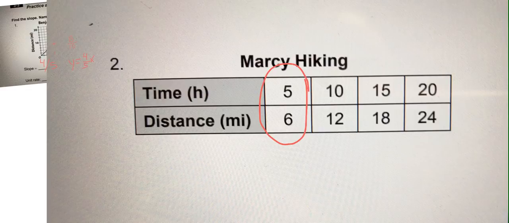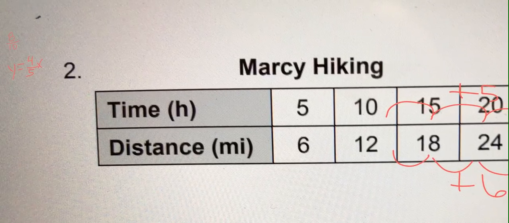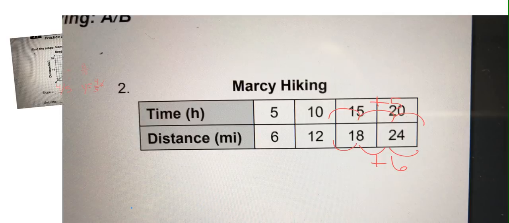So I can use division to find my rate of change, or I can see that the top is moving by 5s and the bottom is moving by 6s. Now that I've looked at Marcy's hike and I see that the distance changing is 6 every time and the time changing is 5 every time, it's important to stop and take a look back at Benjamin's.